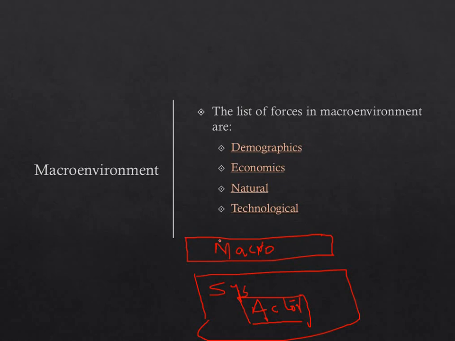Now that we have seen the micro and the macro environment, we'd be able to put this technology delivery system into a better picture: how can we develop a technology delivery system, and how can we study the micro and the macro environment and analyze what is going on around us, right?